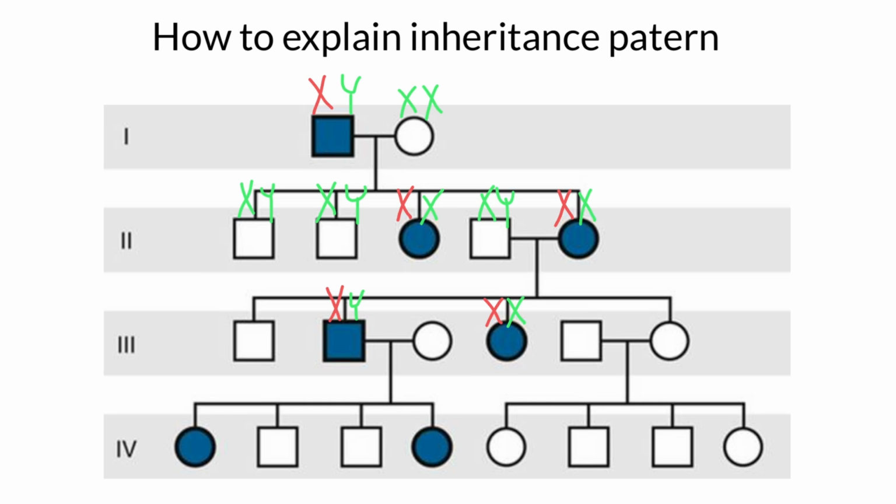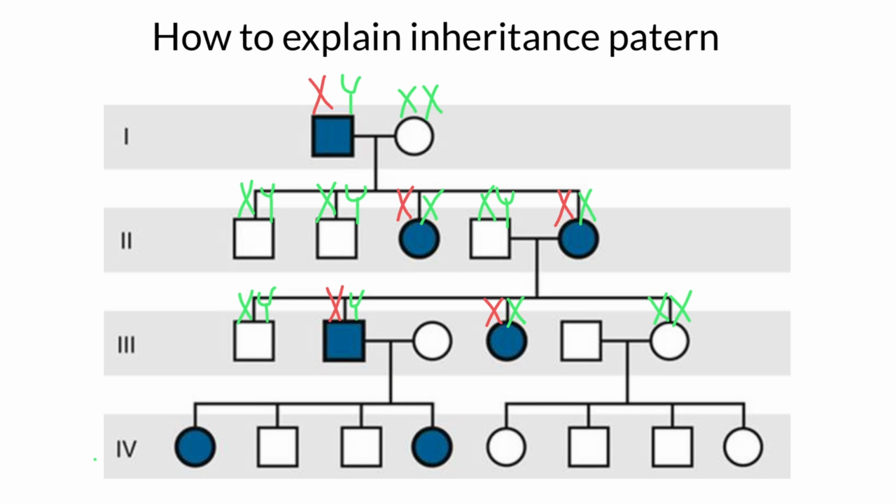As you see, those children in this family who are unaffected just got from the mother's side a normal X chromosome. So this male got a normal X chromosome, and a normal Y chromosome from the father's side, and this female got from the father's side a normal X chromosome and a normal X chromosome from the mother's side.